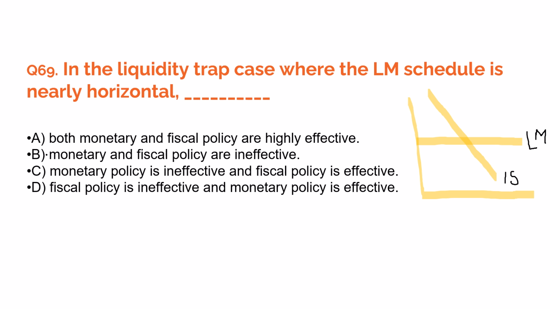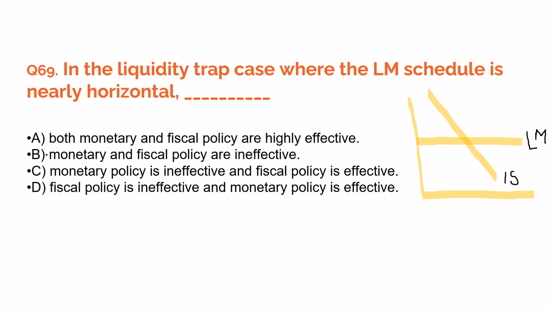Now this question. In the liquidity trap case where the LM schedule is nearly horizontal, monetary policy becomes ineffective because any increase in money supply is simply absorbed into idle balances without further lowering interest rates or stimulating investment.